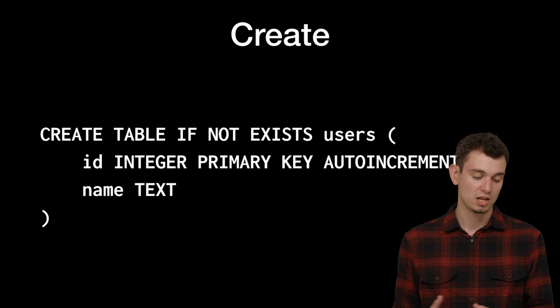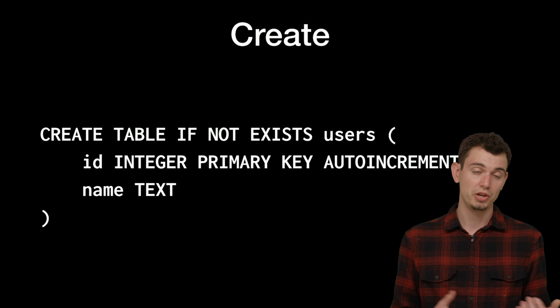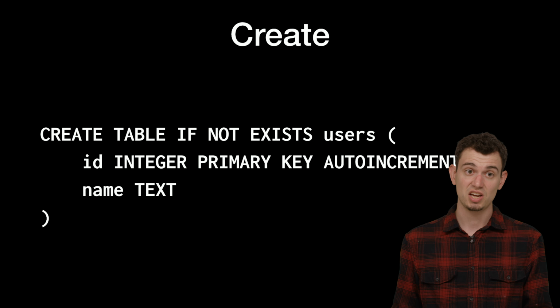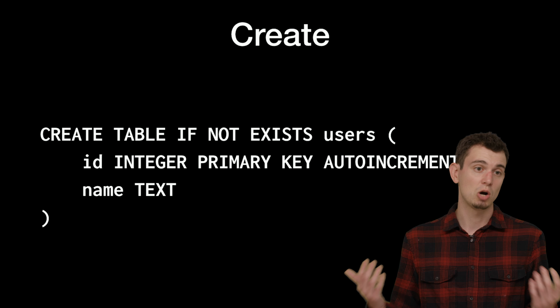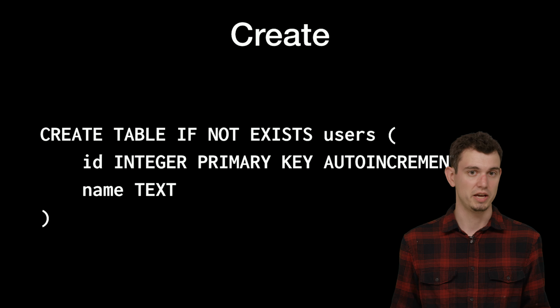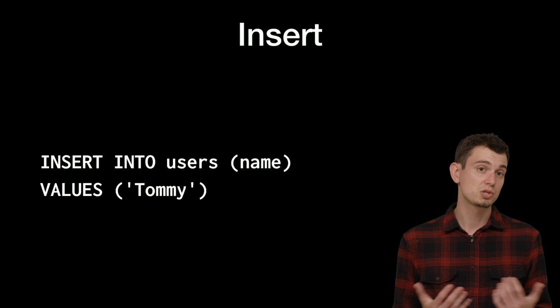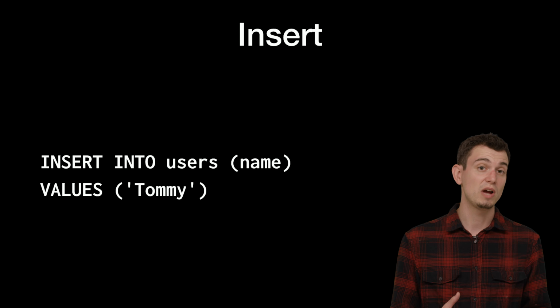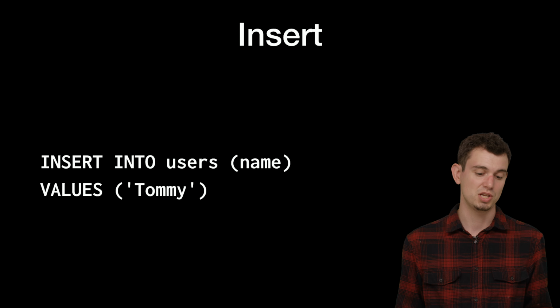Our other column is a text column. It's called name, and because its type is text, it allows you to insert any arbitrary length text and store that as a string. After you've created a table, you might want to run an insert query. Insert, as its name suggests, is going to add rows to a database table.